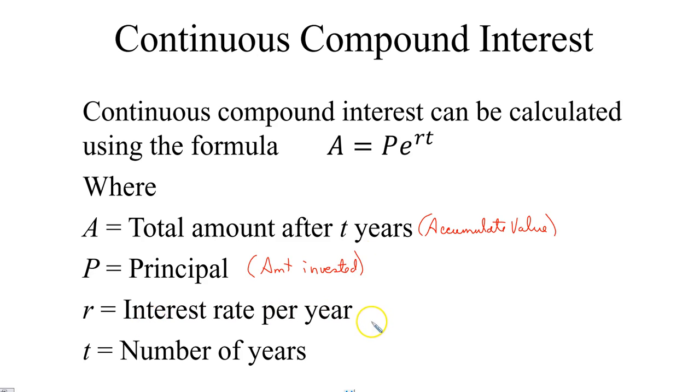R is still the interest rate per year, so remember we have to take that number divided by 100. And T is still the number of years. The difference is that I've replaced that big parentheses with the E, so we'll be using E on the calculator here. So if it says compounding continuously, so continuously compounded, there is no N. So don't try to find an N for this problem.